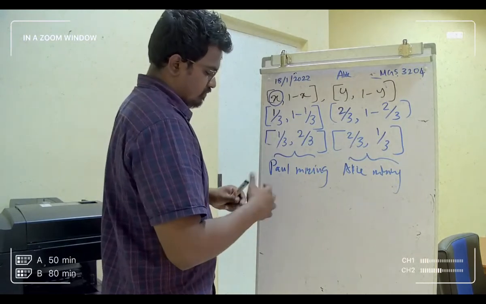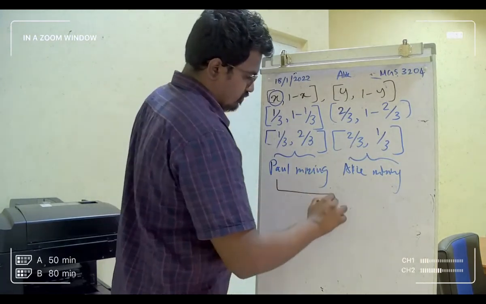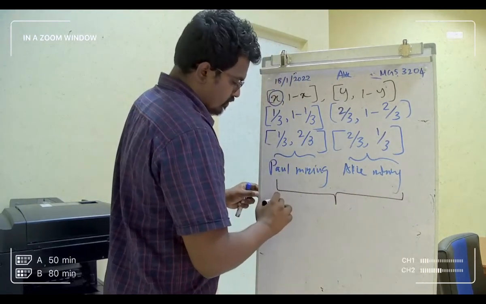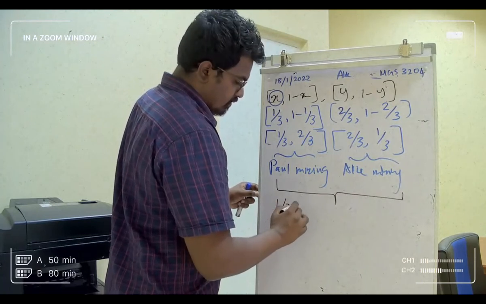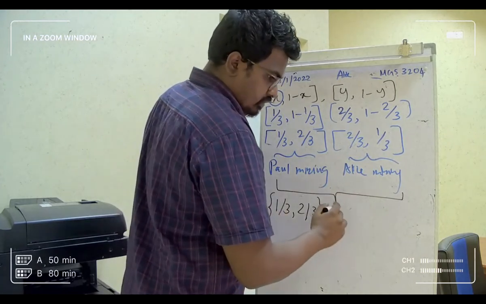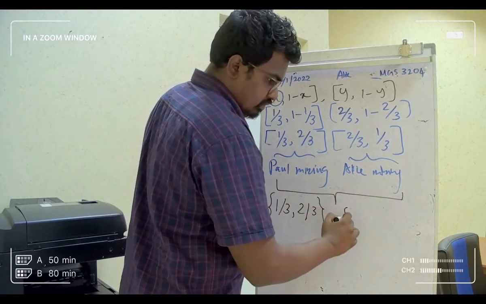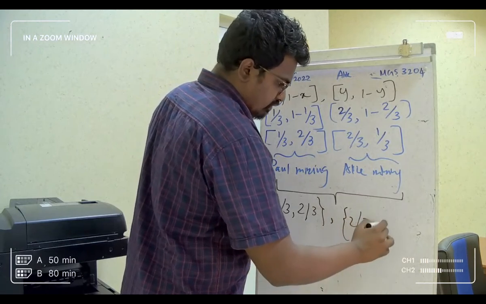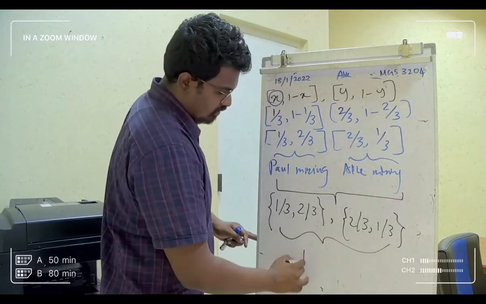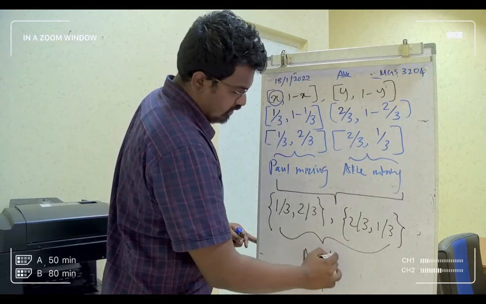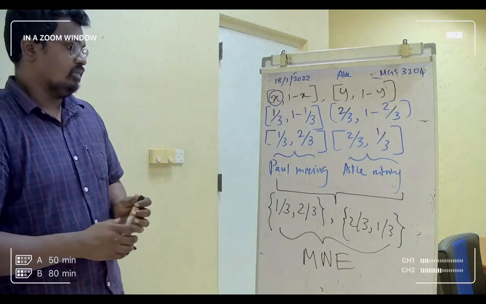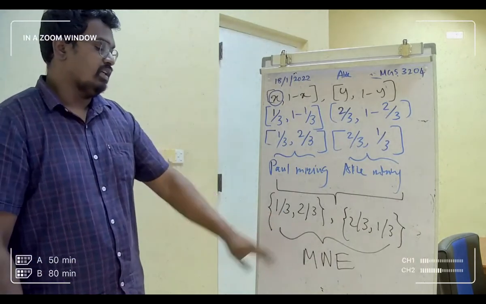And then as a result, 1 over 3, 2 over 3, and 2 over 3, 1 over 3. This is your mixed strategy Nash equilibrium. This is our mixed strategy Nash equilibrium.